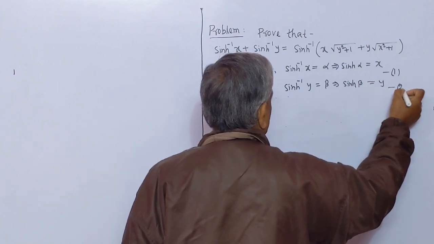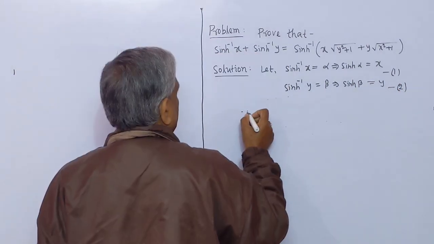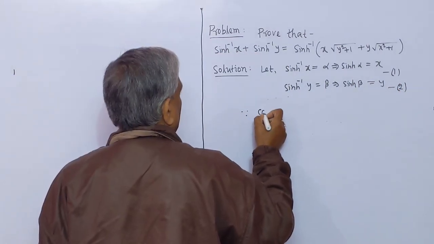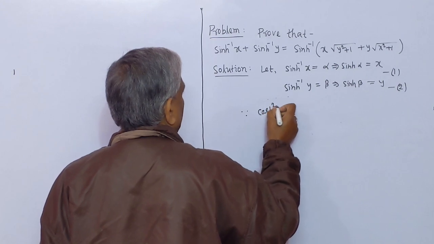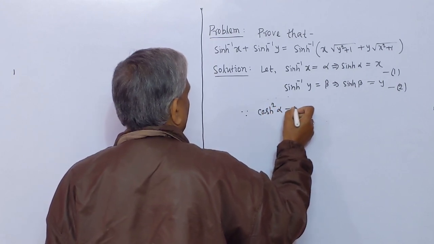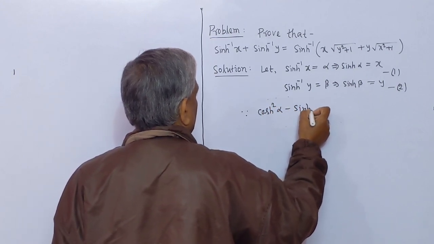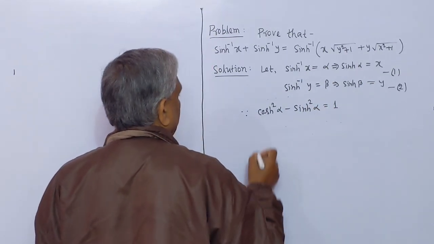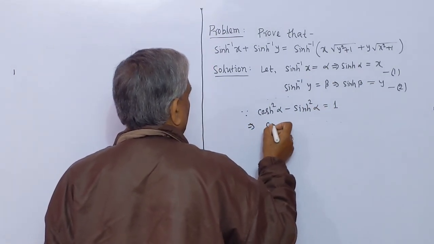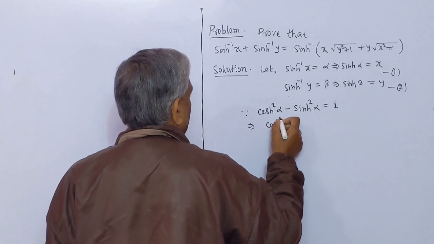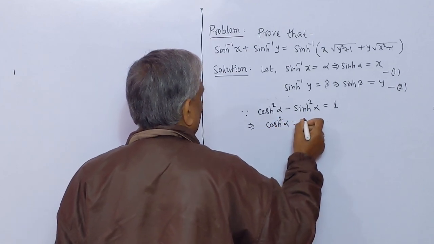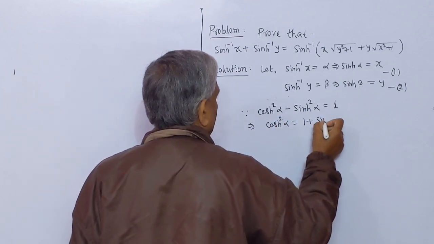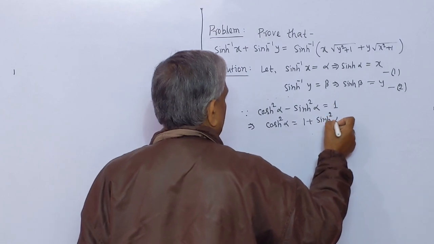This is number 2. Since cosh square alpha minus sinh square alpha equals 1, it implies that cosh square alpha equals 1 plus sinh square alpha.